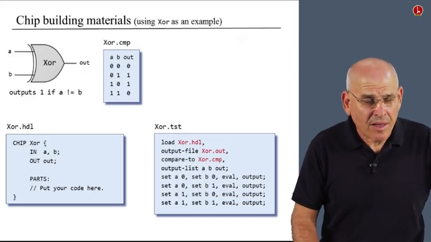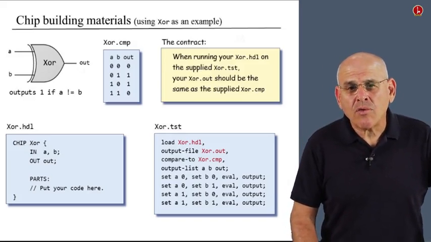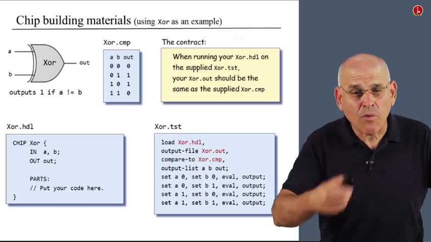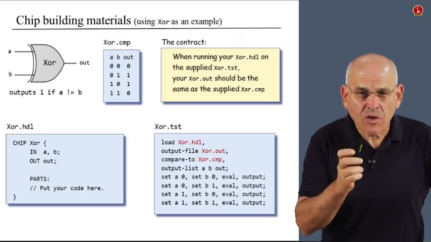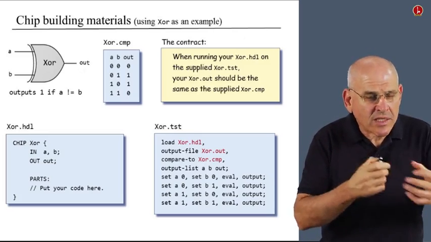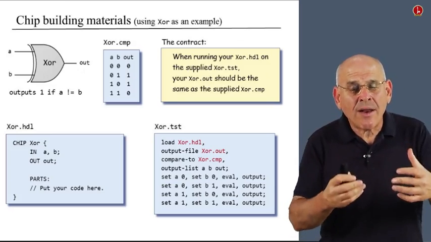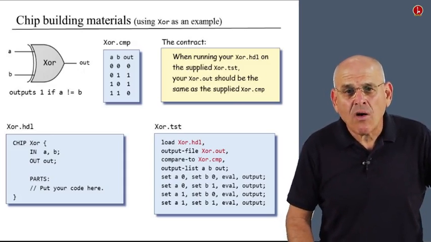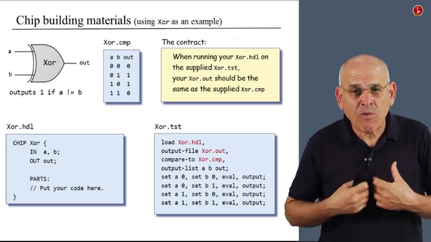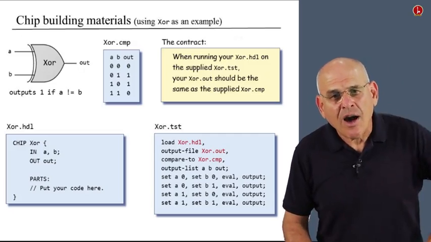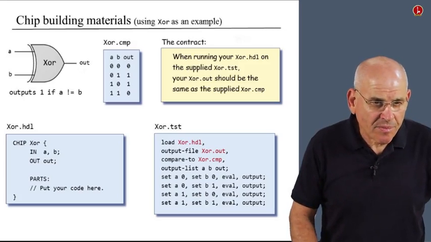and a compare file. And here is the contract that we want you to play by. When you run your XOR HDL, that is, once you take this XOR file and implement it and add your own HDL, when you run the resulting XOR HDL file on the supplied XOR test, the test that we provide, your output file should be the same as the supplied compare file.